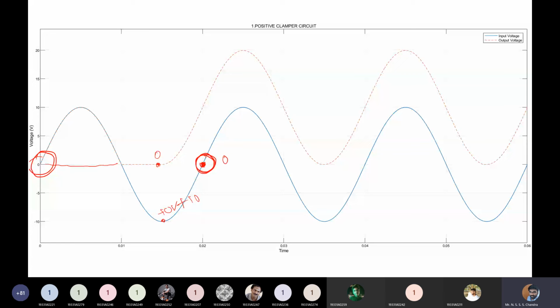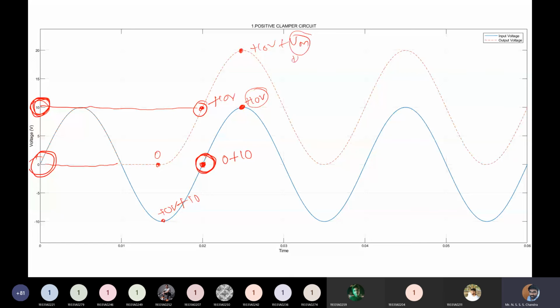So if you are adding Vm, which is 10 volts, at this particular instant your output voltage will be equal to plus 10 volts. You can see that this is plus 10 volts. Similarly here, if you have plus 10 volts in the input voltage, the output will be plus 10 volts plus Vm, and Vm is again 10 volts.